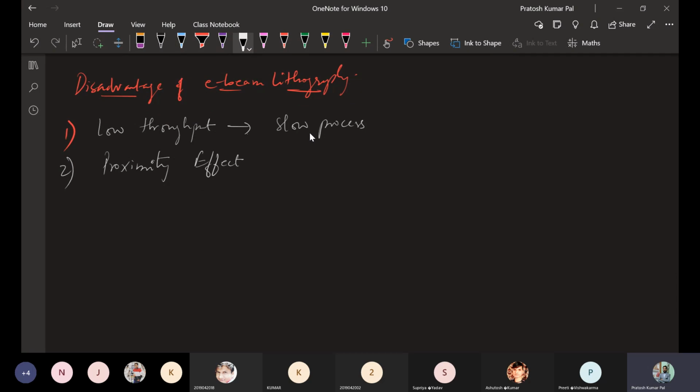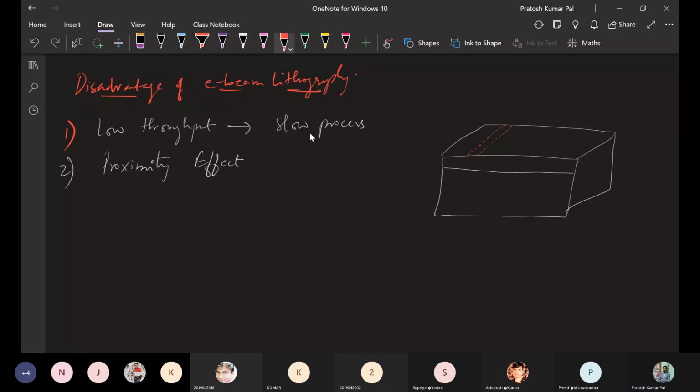Suppose this is the semiconductor surface, and this is the oxide region.